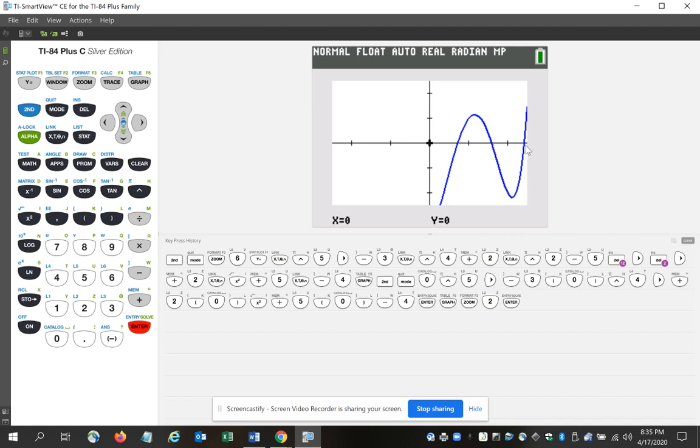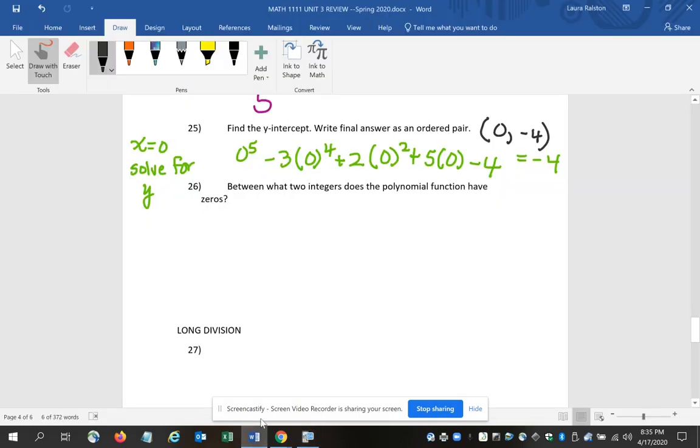And then it looks like it also crosses between positive 2 and positive 3. So I can see 3 of them. So it appears that one of the zeros is between 0 and positive 1. I have one between positive 1 and 2. And I have a third one between 2 and positive 3.